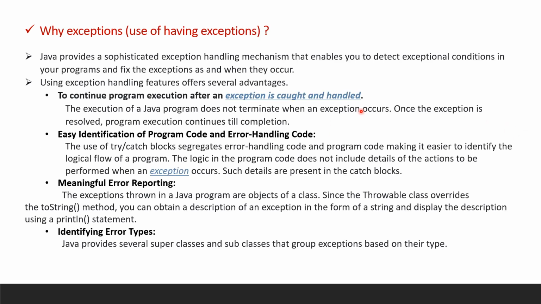So going to the next question, by exceptions, I mean why we are using exceptions. Uses of having exceptions in Java. Java provides a sophisticated exception handling mechanism that enables you to detect exceptional conditions in your programs and fix the exceptions as and when they occur.